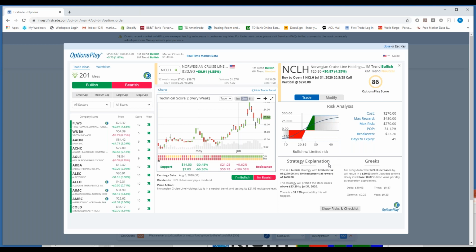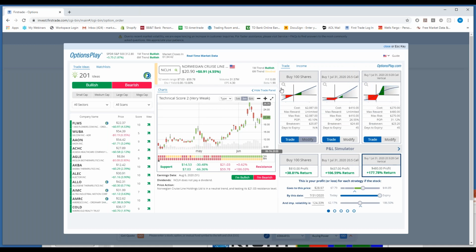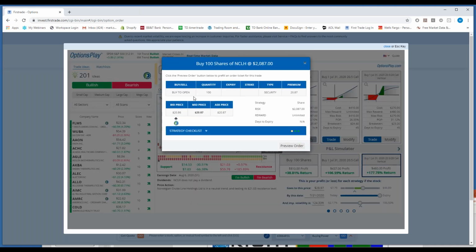And right now, if we wanted to buy a call on the position, the recommended at the money, the trade is 100. It's $20.86 between $20. Very, very good liquidity.